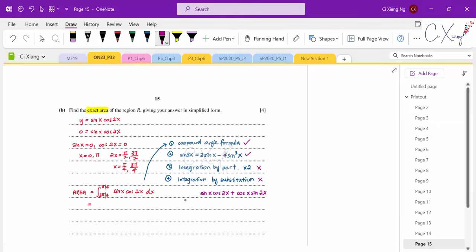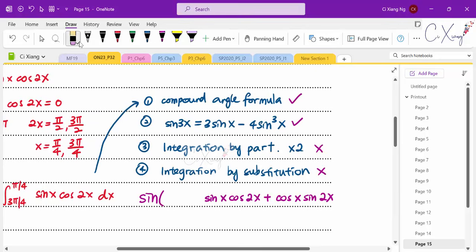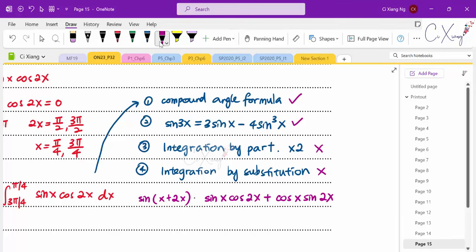So on the left hand side here, A is the x, B is the 2x. I'm having sine x plus 2x. Your A is the x, B is the 2x. Okay, so I will make this the first equation.